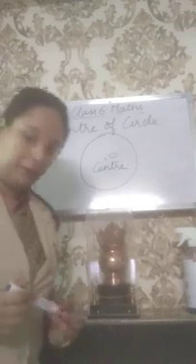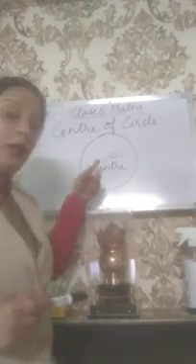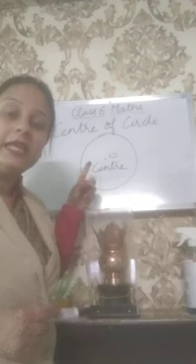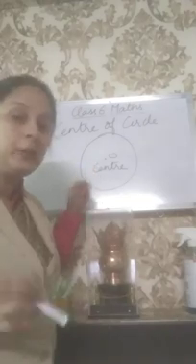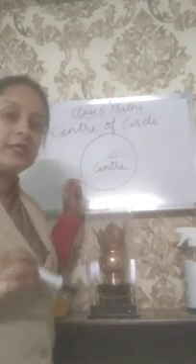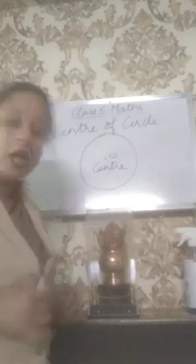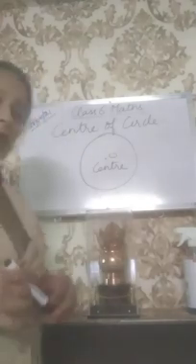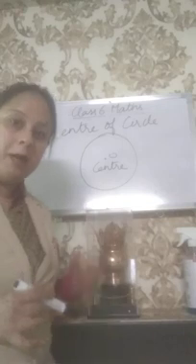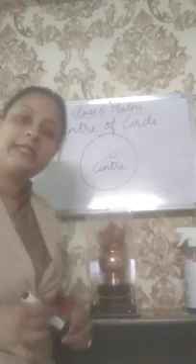Understand? I repeat myself. The central point which is at an equal distance or which is equidistant from the boundaries of the circle is known as the center of the circle. Understand? Usually we denote the center of the circle by either O or C.